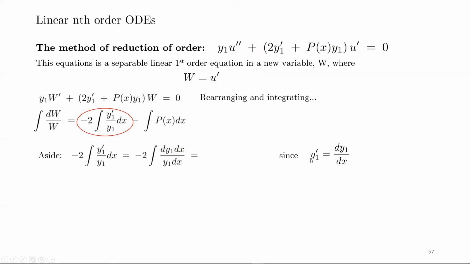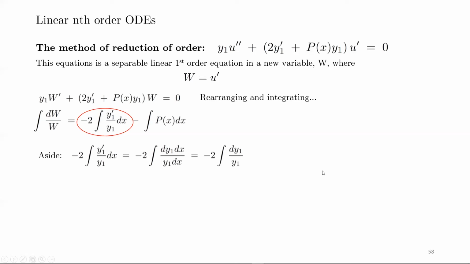So if instead of writing y1 prime, I write this explicitly, dy1 over dx multiplied by dx, well, these dx terms, these differentials cancel out. And so we just end up with negative 2 times the integral of dy1 over y1.